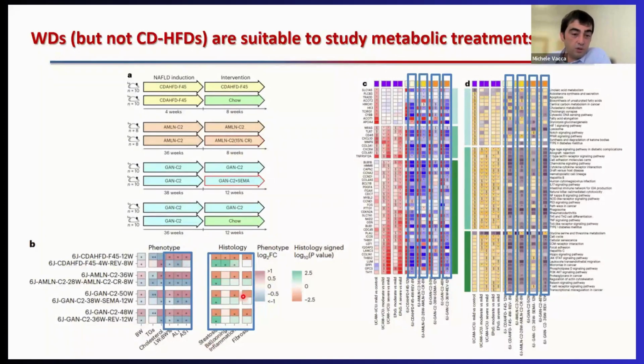This is confirmed also by histology, and also by focusing on the human disease relevant hits that we have identified, gene expression and pathways, with the strategy that I described to you before.